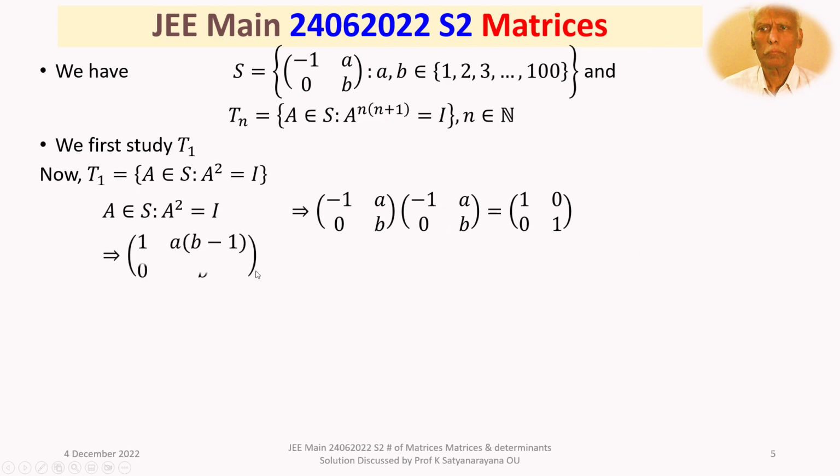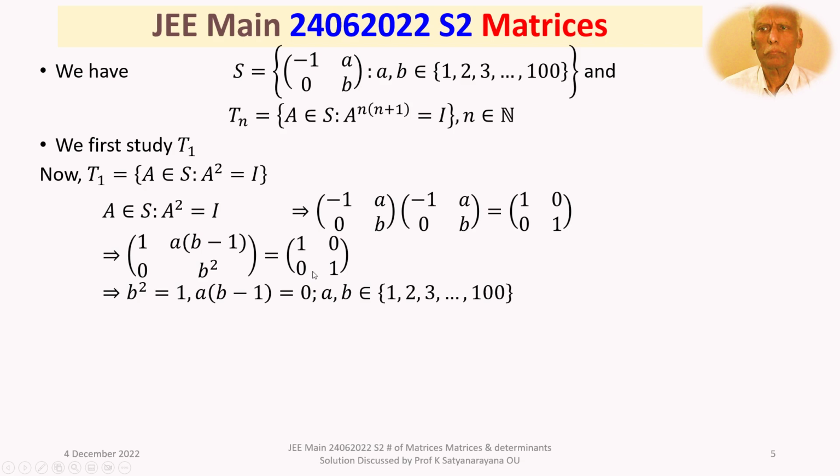After multiplication, you get a 2 by 2 matrix whose first row is 1, A times B minus 1, and second row 0, B square, that is equal to the identity. Equating the corresponding elements, we get B square is equal to 1, and A times B minus 1 is 0, where A, B come from the set of natural numbers 1 to 100.